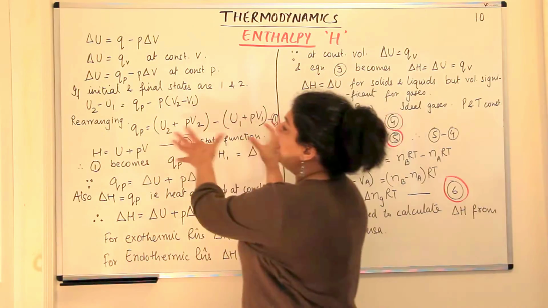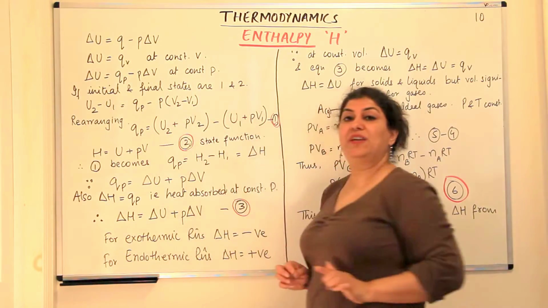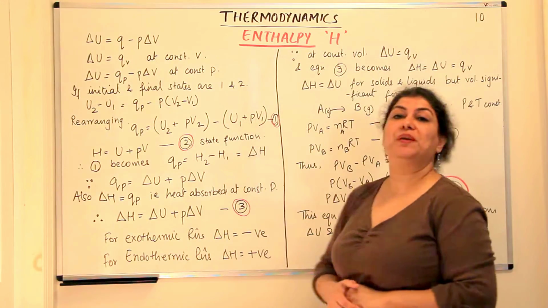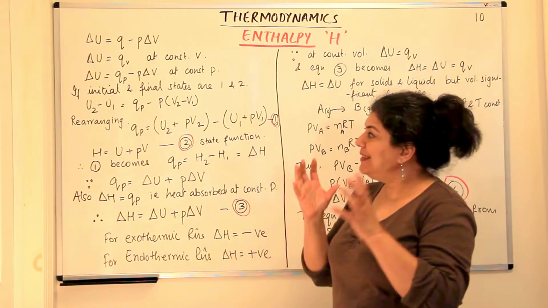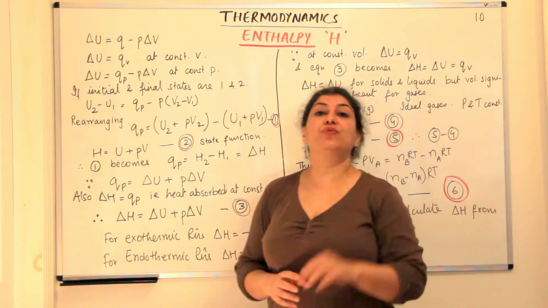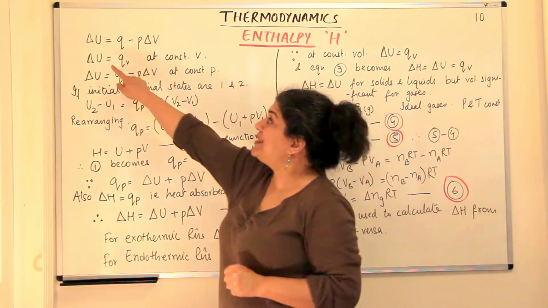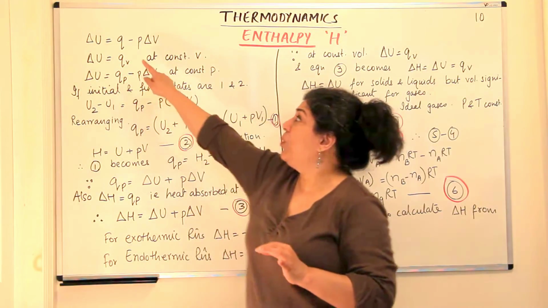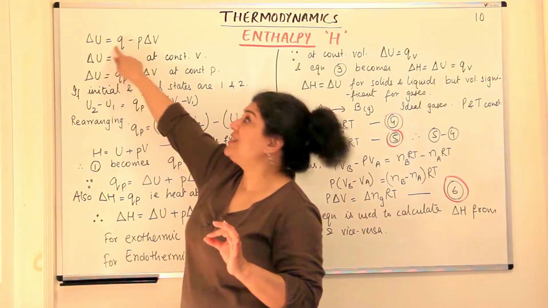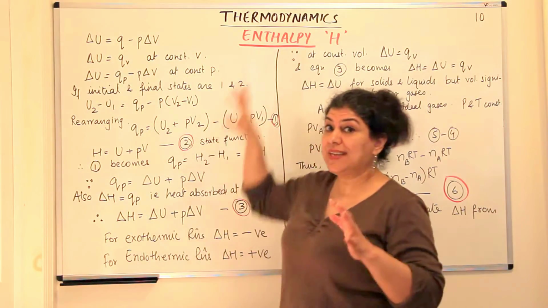So we have arranged it in such a manner that you get these two values, U2 plus PV2 and U1 plus PV1. This quantity, that is U plus PV, was called enthalpy. Right? What was internal energy? Internal energy was the sum of exchange of heat and the work done. And what was H, this enthalpy?